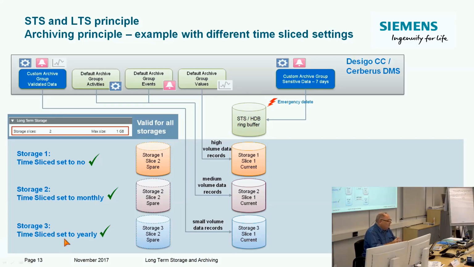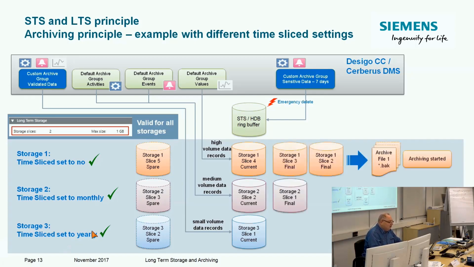So what's happening now? Because I'm filling up those storages, the slices in those storages, much faster than the other ones. Here I'm already having 2 final slices, and this number 2 refers to that storage here.